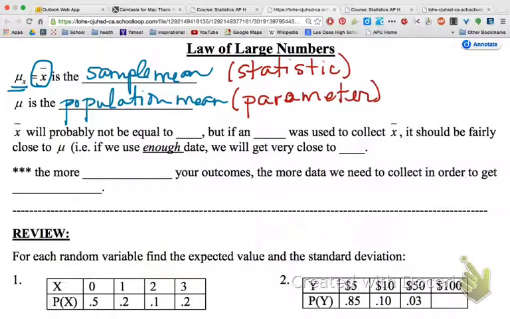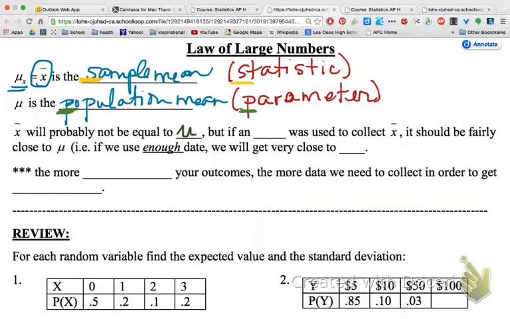And of course, I'm sure I've told you once before, that's helped me remember, statistics come from samples, while parameters come from the population. How convenient that they made those the same letter. I don't know if somebody was thinking of that or that just happened. But at any rate, x bar will probably not equal mu.